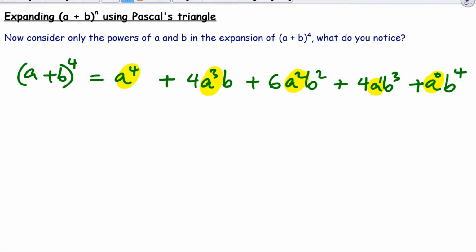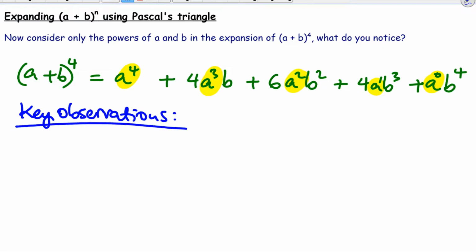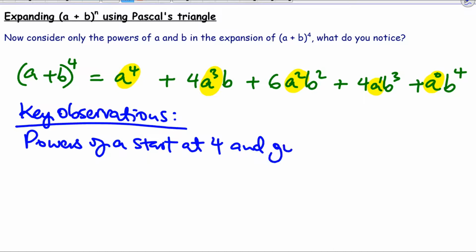So in our key observations, we can say that the powers of a start at 4 and go down this way. So we have 4, 3, 2, 1, and 0. And that's what's happening here.